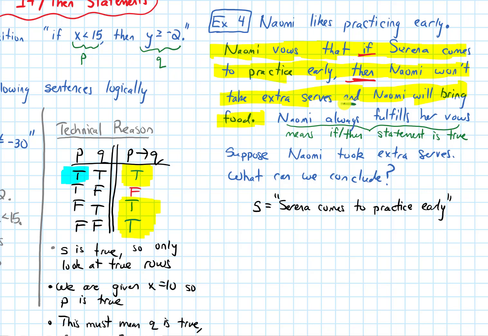Let me underline the word and. One of those things is Naomi won't take extra serves. So maybe let me call that E for extra: Naomi won't take extra serves. And then there's this matter of does she bring food? Let me call that F: Naomi will bring food.